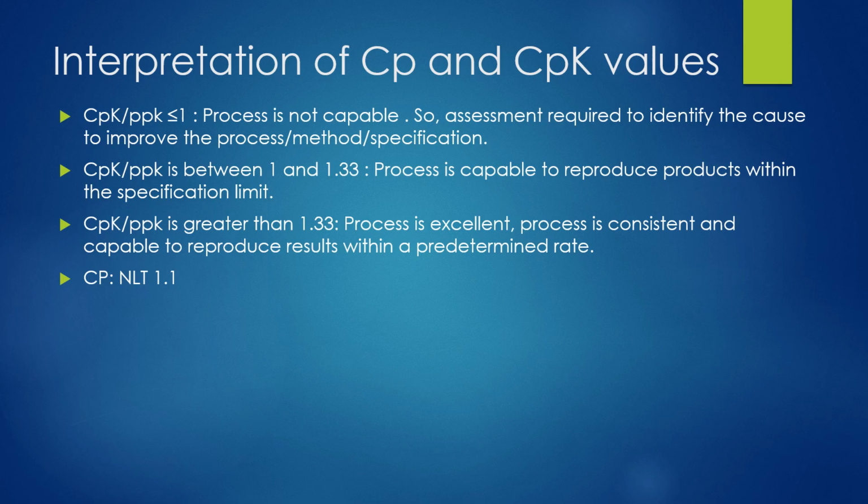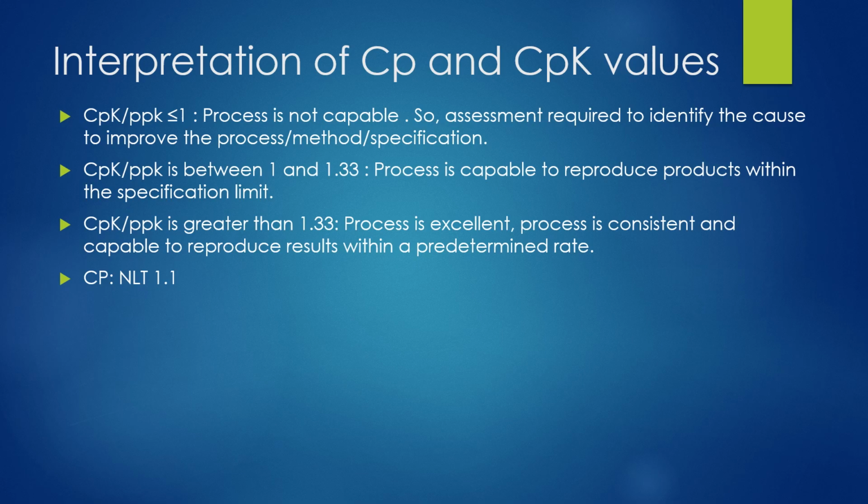If an organization has a CpK criterion of 1 to 1.33, this is the CpK criteria applied by the organization. Whenever I receive a CpK or PPK value less than or equal to 1, what does it define? It defines that my process is not capable.